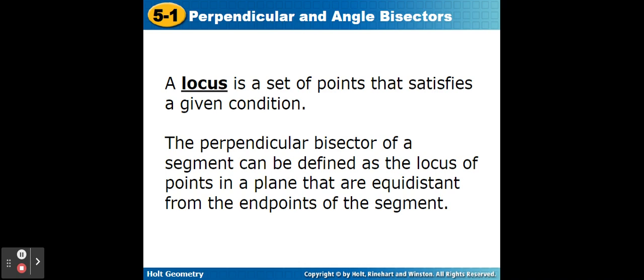This is therefore slightly different from that definition of perpendicular bisector, that it is the segment or line or ray that divides a segment into two congruent smaller segments and is perpendicular to a segment at the point which is defined as the midpoint. So here the locus definition is just a little bit different. And please don't confuse this with that destroyer of crops, the locust.